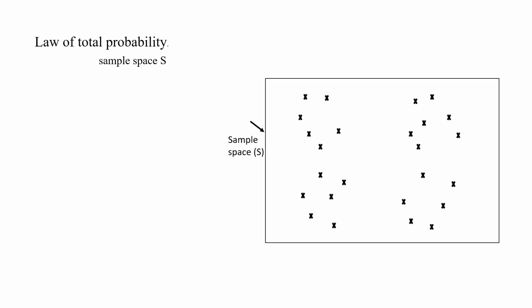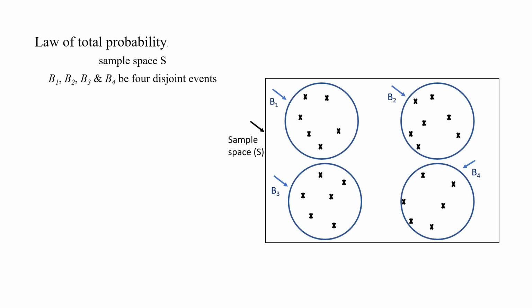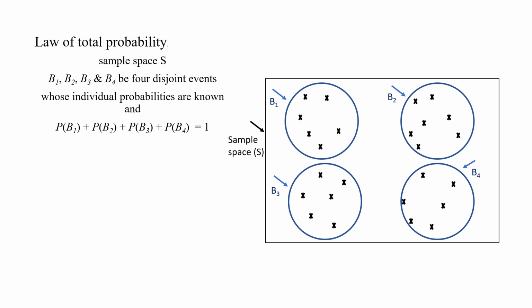Law of total probability. Let's get into the concept of law of total probability. Let sample space S represent the outcomes of a given chance experiment. Let B1, B2, B3 and B4 be 4 disjoint events whose individual probabilities are known and sum of their individual probabilities sum up to 1. That is, the total probability equals 1.